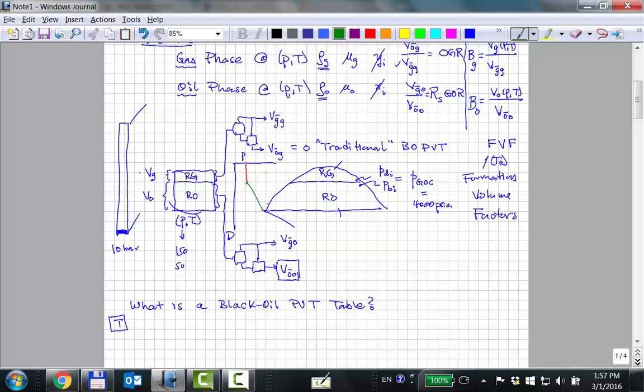But if we say that the composition with depth has no variation, it just remains the same, then this goes like that. So now the bubble point variation with depth looks like that. The reservoir pressure looks like that. So if we look at the bottom of the reservoir down here, the reservoir pressure is 20 bar higher than the bubble point pressure.